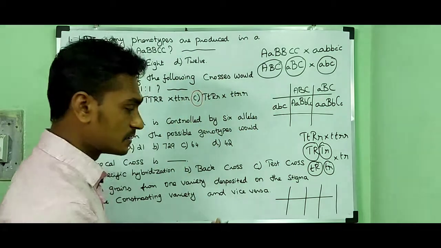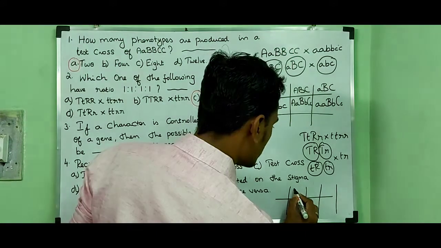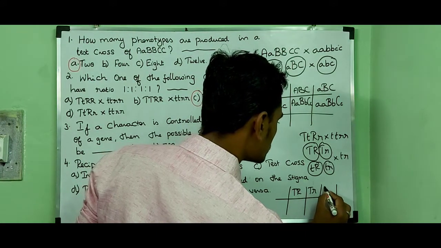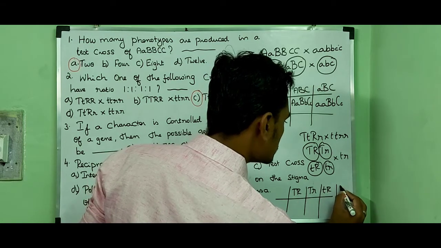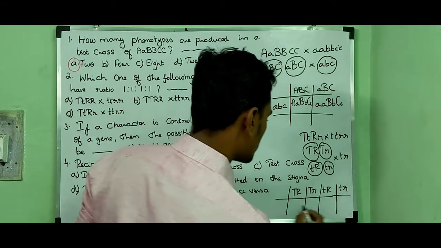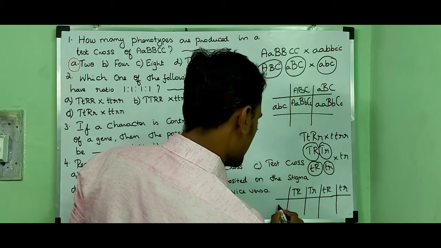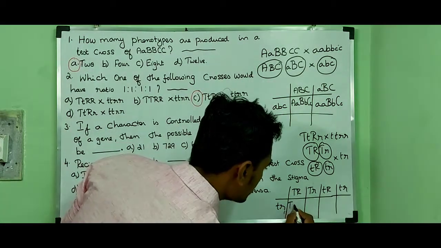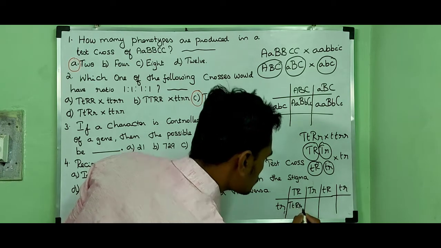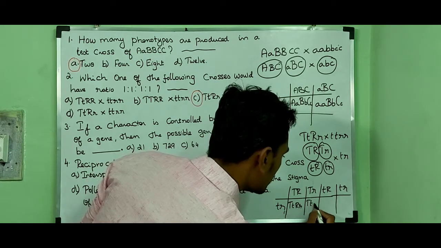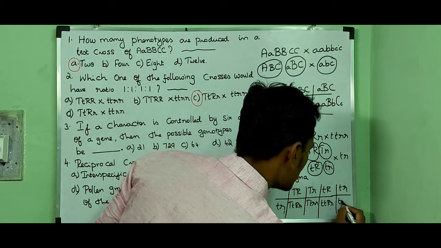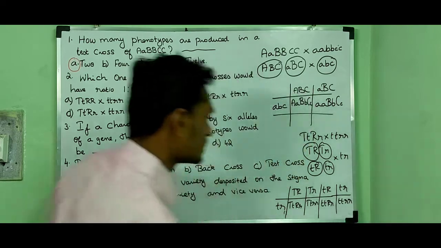Plot the gametes in the Punnett square: capital T, capital R; capital T, small r; small t, capital R; small t, small r. Here, small t, small r: capital T, small t, capital R, small r; capital T, small t, small r, small r; small t, small t, capital R, small r; small t, small t, small r, small r.